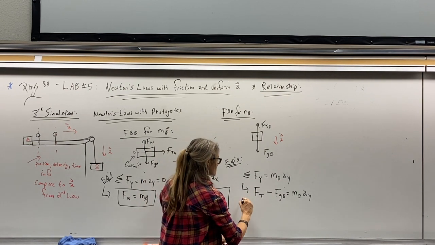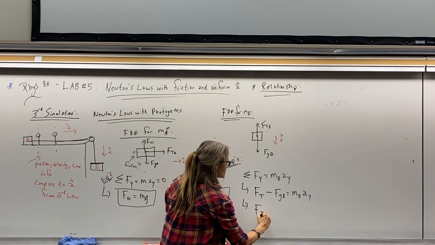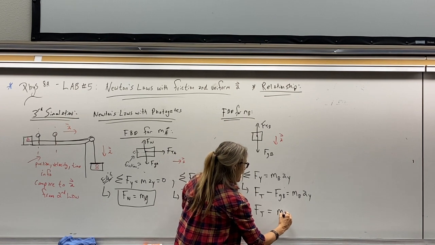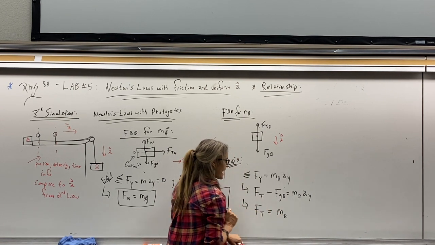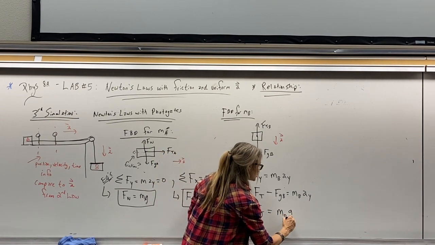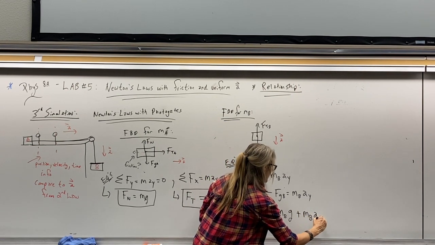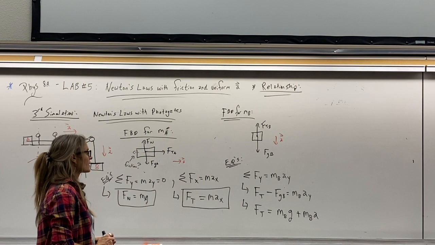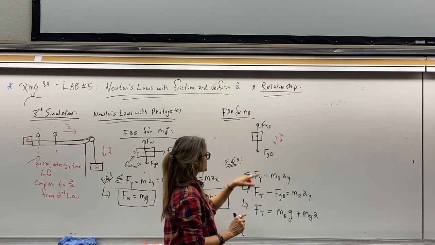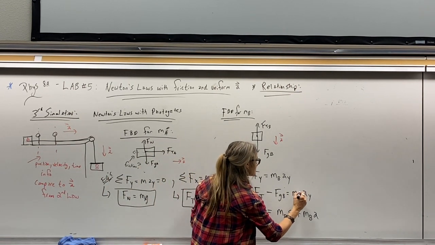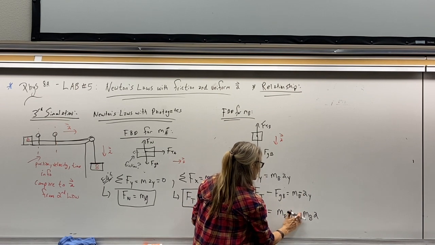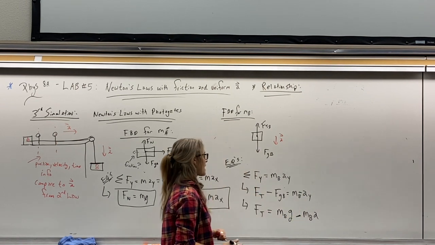Okay, so I could clean this up a little bit more. I could say the tension force will equal m_B, the mass of B, times little g plus the mass of B times a. And the acceleration here is downward, so I need to put in my negative here. So I'm going to say minus m_B a.